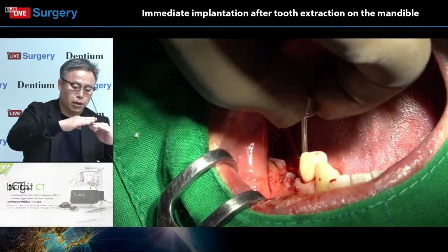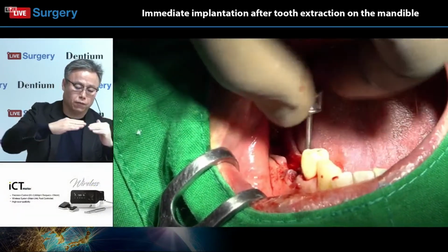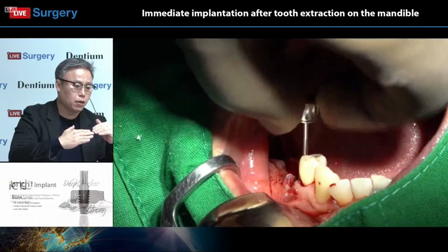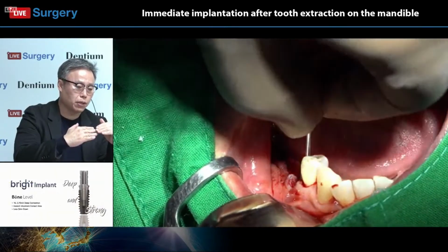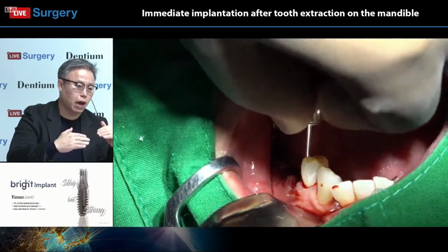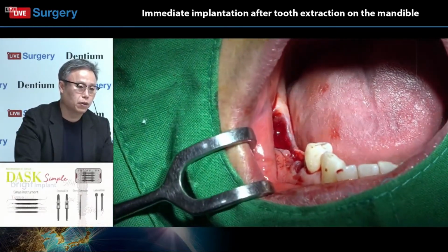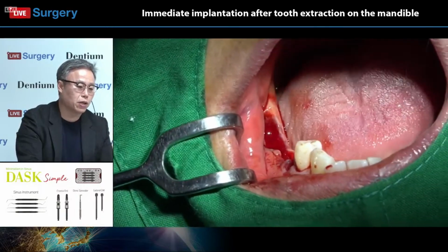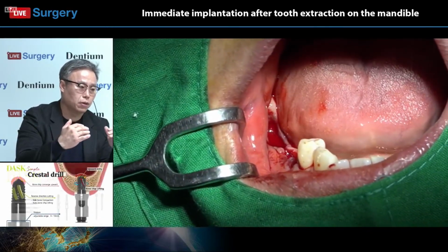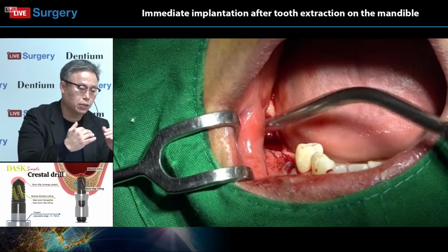For the location of the platform when placing implants, it is better to place two implants at the same level. However, sometimes it's not possible. But for this case, he's probably going to build up the bone graft up to the healing abutment.